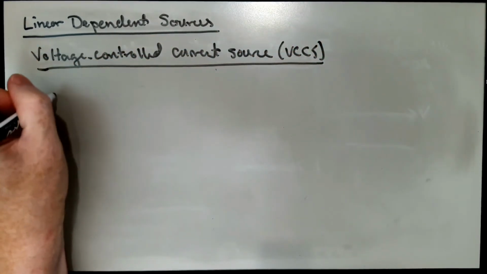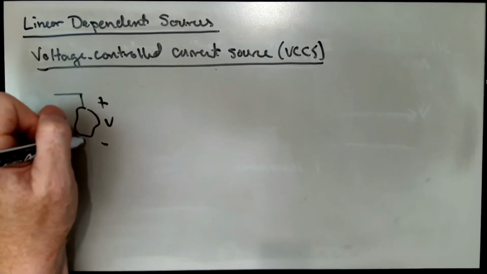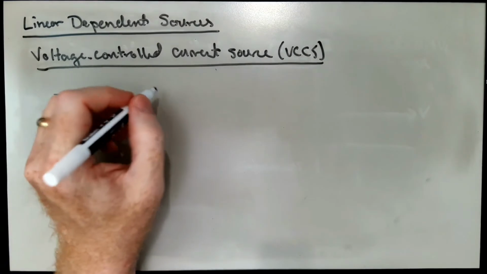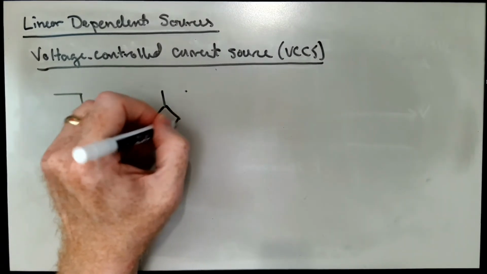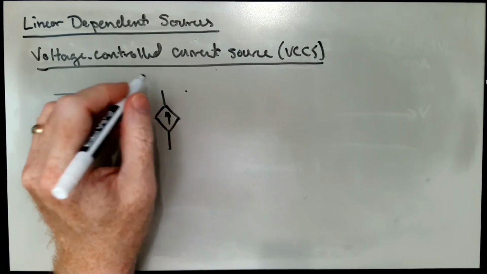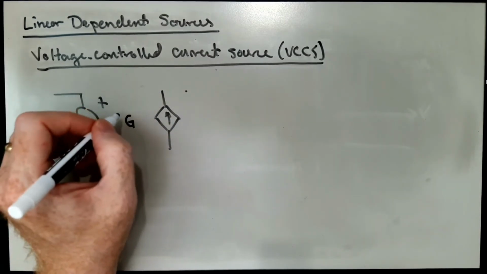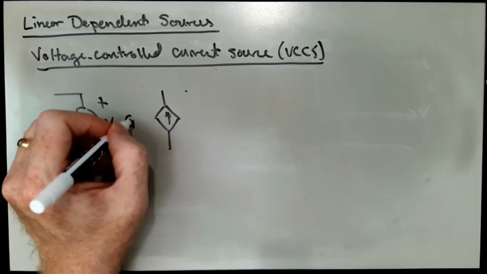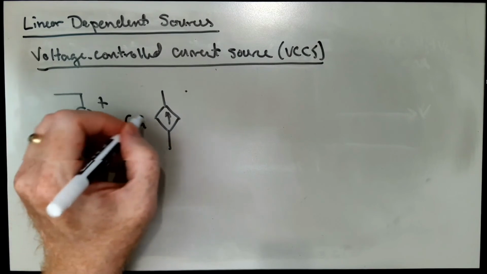Okay, so there's going to be some, say, circuit element here with some voltage across it, and our output is a current source, and the parameter that takes the voltage and turns it into a current is denoted by G sub m.